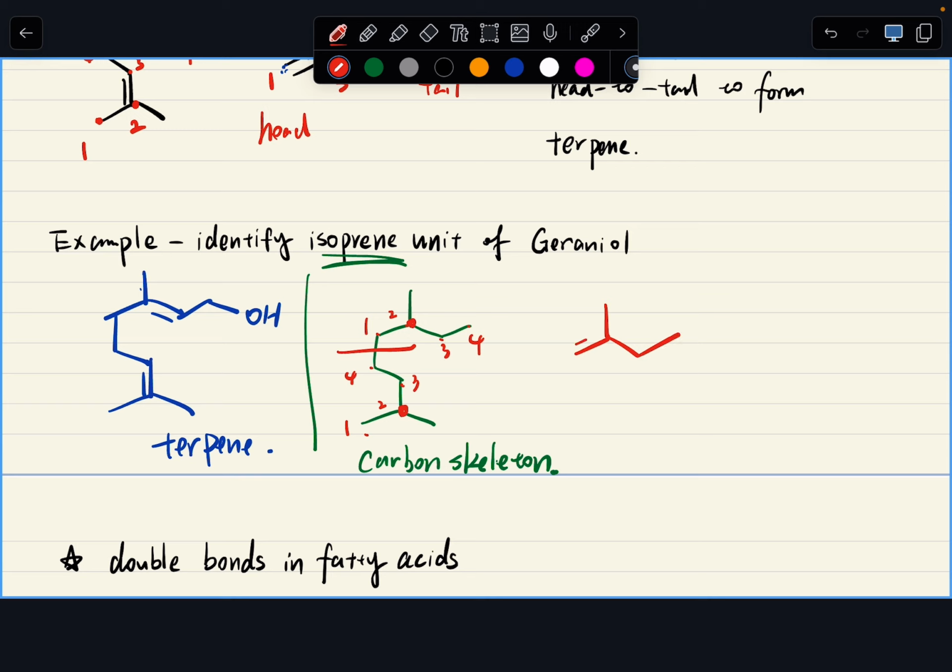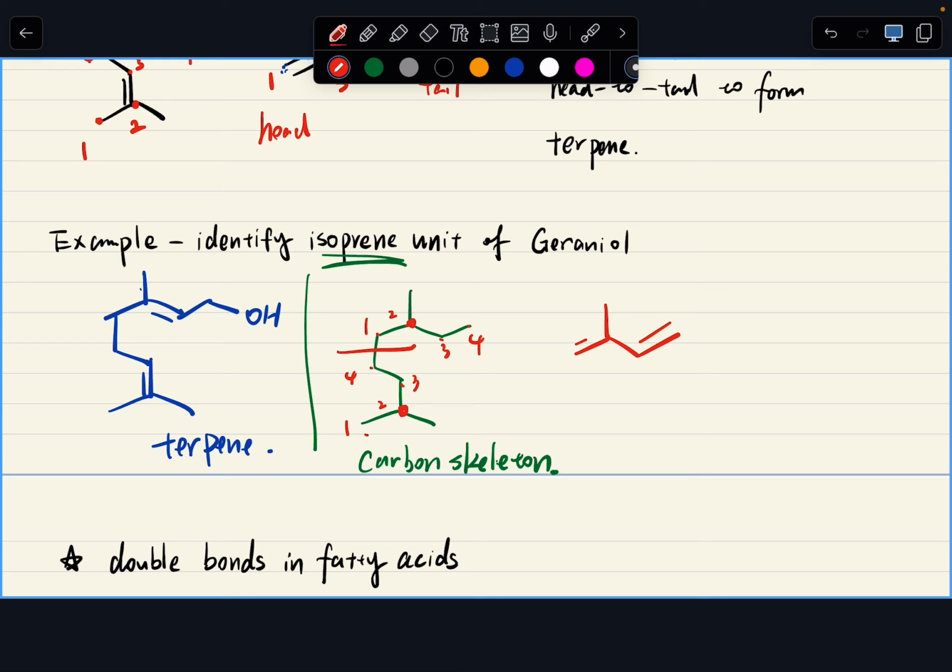Now, in reality, it is a diene like that, but as long as you get the carbon skeleton correct, that's about it. More likely we'll ask you the question by giving you both the isoprene units and the terpene units and ask you to do a mix and match of the two sets.